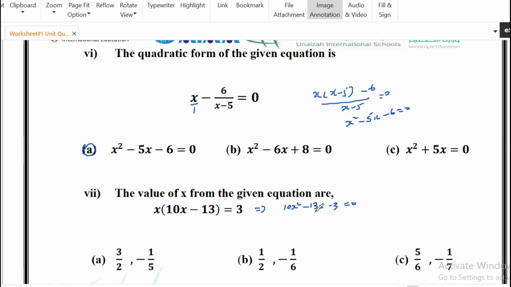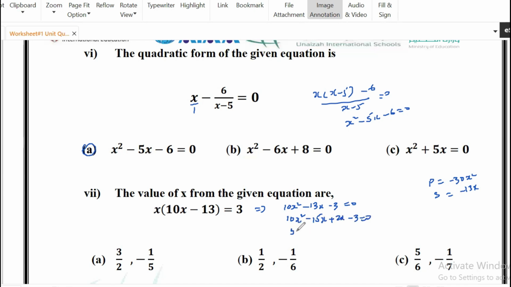Again, we have the sum value minus 13, and the product is minus 30x squared, and the sum is minus 13x. Again 15 and 2 will work, but this time 15 must be negative. Means we can say that 10x square minus 15x plus 2x minus 3 equals 0.